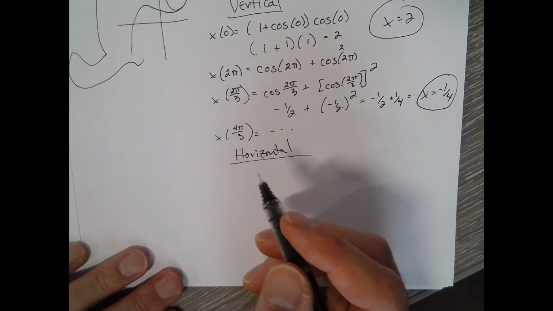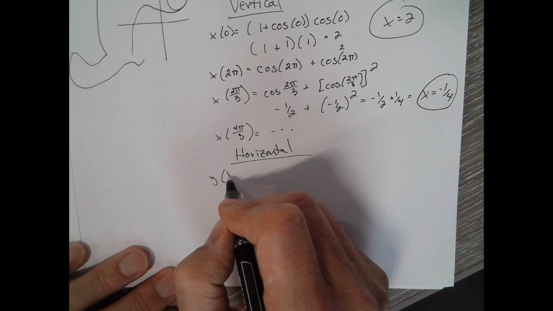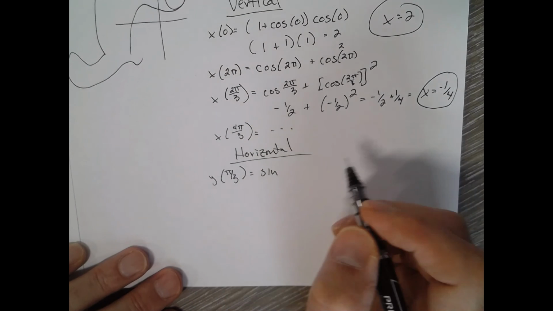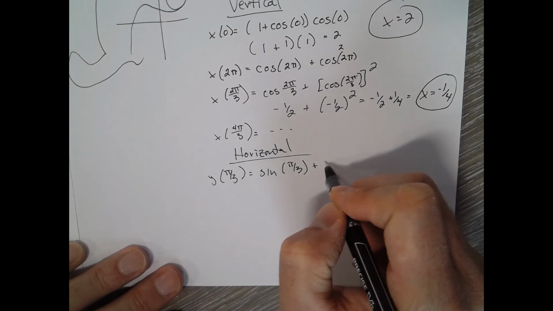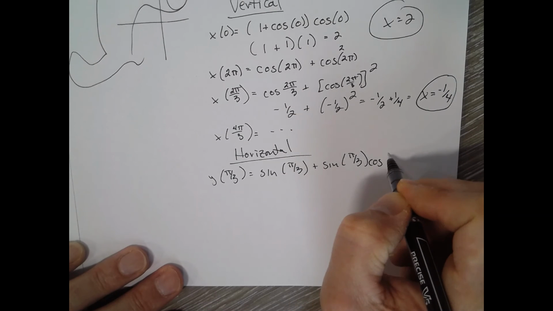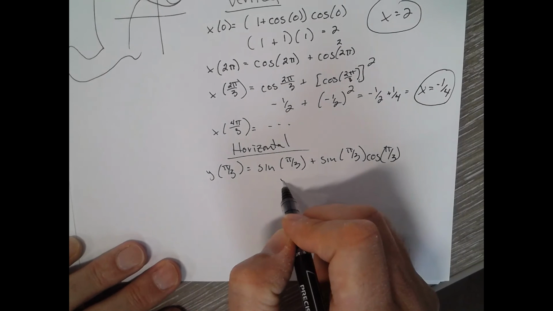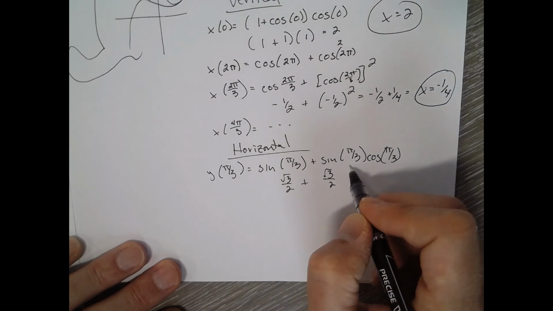my first horizontal is pi over 3, so y of pi over 3 is the sine of pi over 3 plus the sine of pi over 3 times the cosine of pi over 3. Sine of pi over 3 is the square root of 3 over 2 plus the square root of 3 over 2 times 1/2.